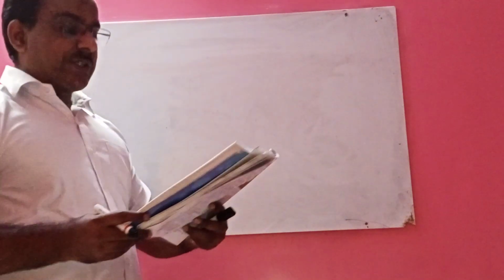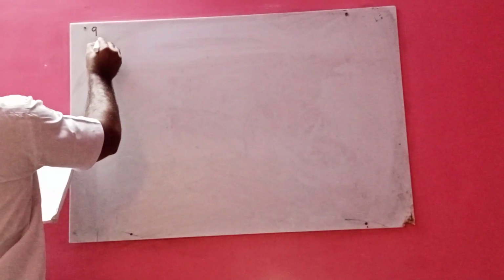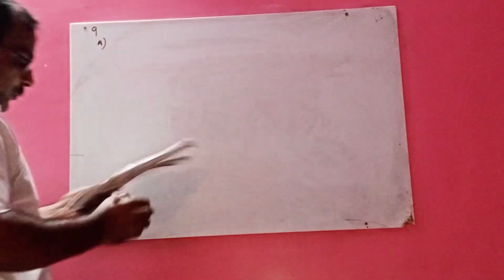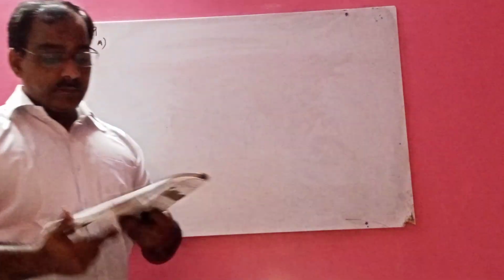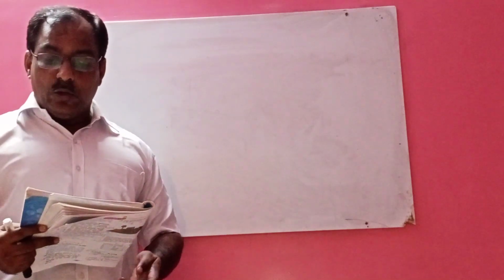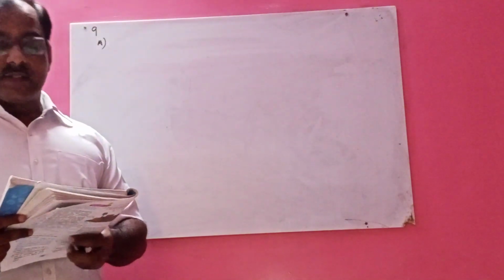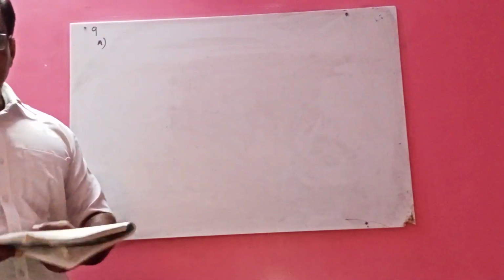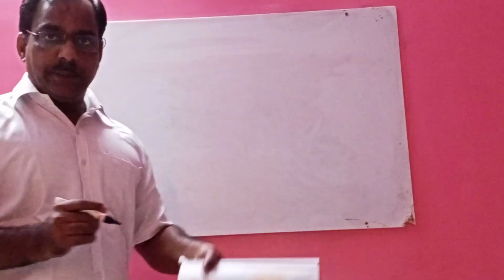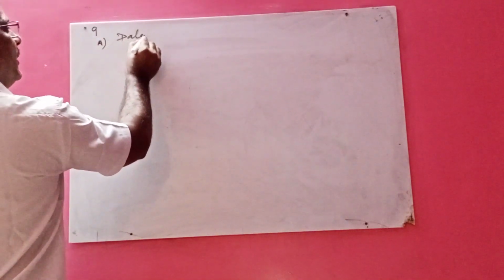Okay. So children, just see question number 9, first sum. What is given there? The resistance of a 1 meter long nichrome wire is 6 ohm. Always first write down the data, what is given in the problem. So here data means given thing.